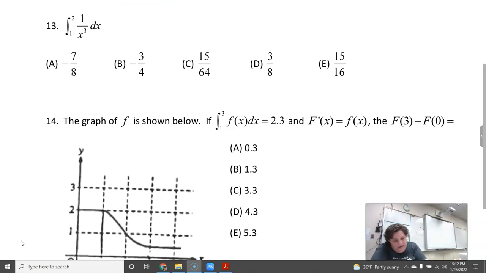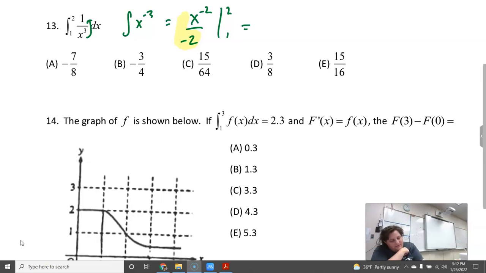All right, in order to integrate this, you guys remember we got to bring that up as x to the -3. So when I integrate it, if I add 1, it becomes x to negative 2 over negative 2. Now, that looks a little annoying to try to figure out what that is, the way that it's written. But you guys remember that I sometimes talk about how I bring the constants out front.